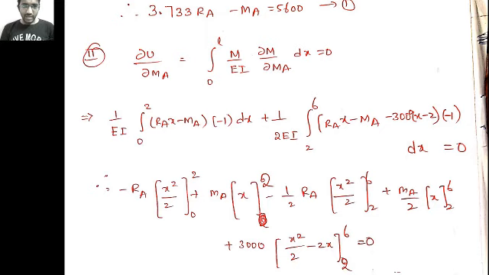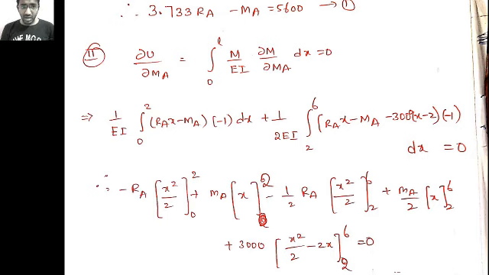What are the limits? 0 to 2 in the AC portion and 2 to 6 in the CB portion. What is the moment? RA into x minus MA. What is ∂M by ∂MA? You have to take it very carefully here. This is the second redundancy; in the first redundancy, ∂M by ∂RA will be there.